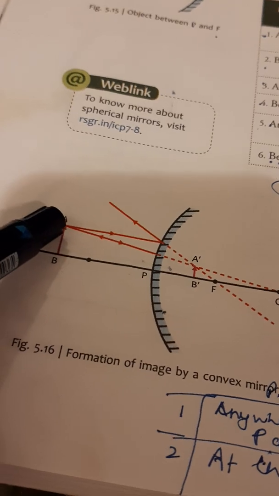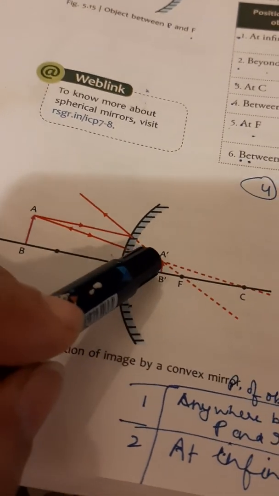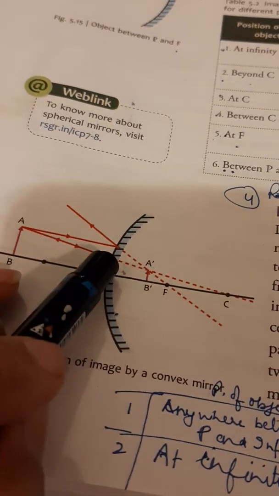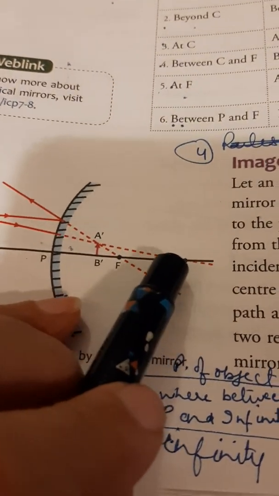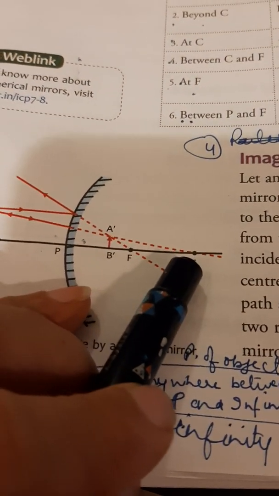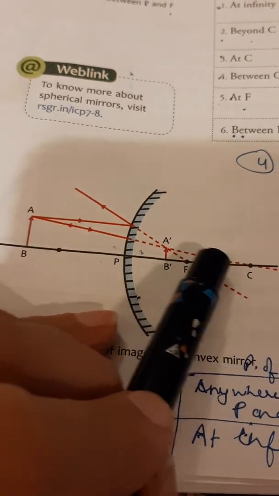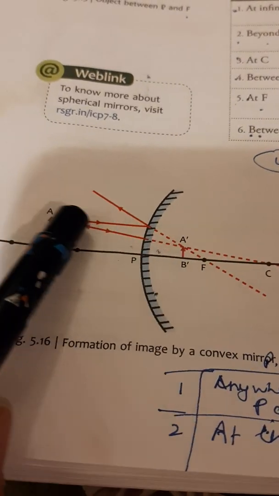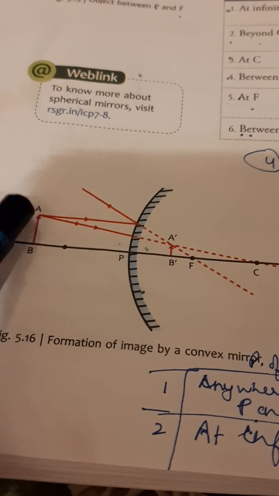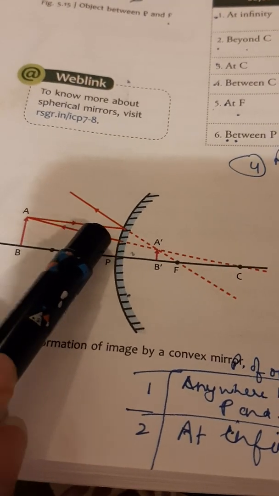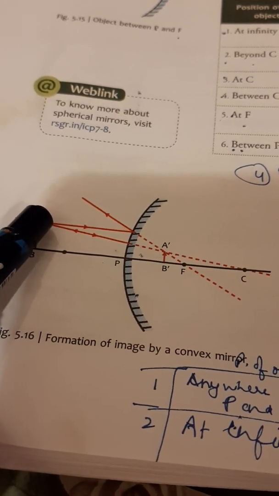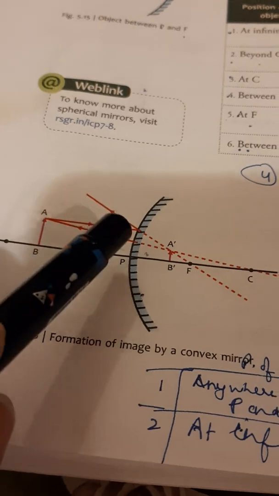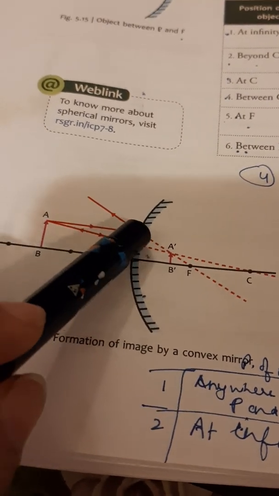And one ray which is coming from this object and is incident on the convex mirror is passing through the center of curvature. And the ray which passes through the center of curvature is reflected back in the same direction. Both the reflected rays are produced backward.